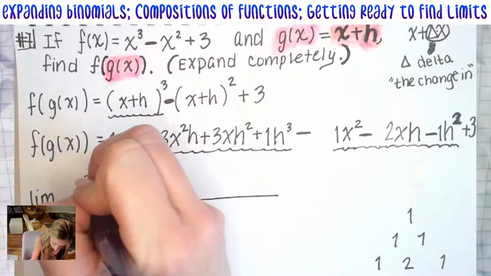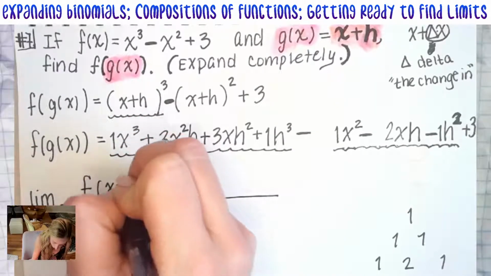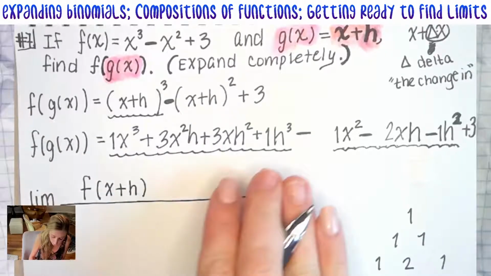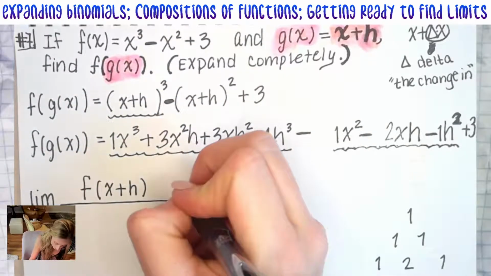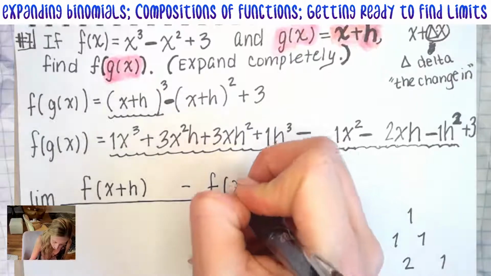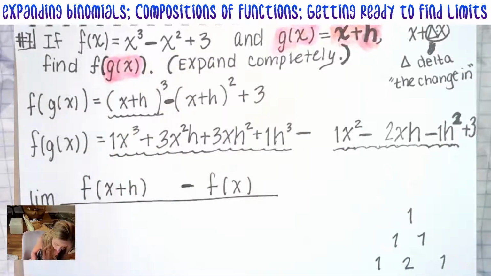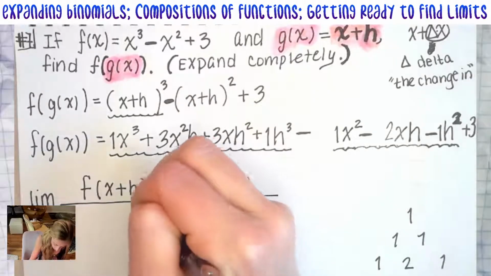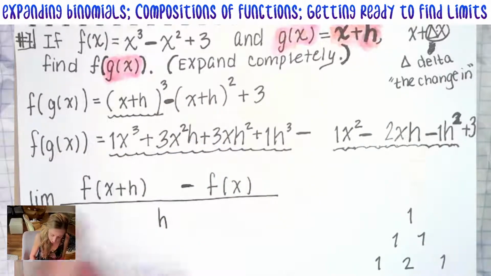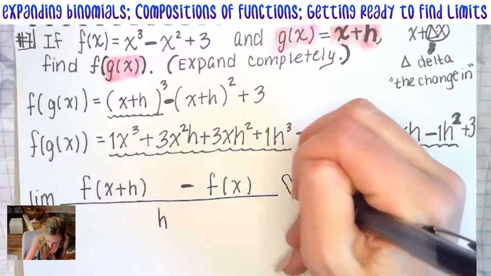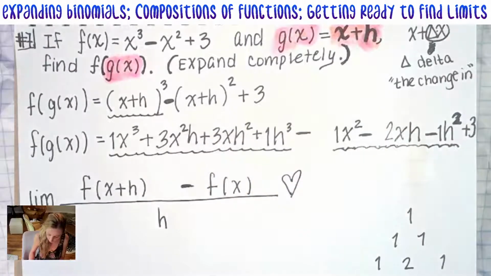Of f of x plus h, which is literally what we just found, minus the regular f of x. And again, you have that minus in front of the original f of x, all over h. And this is going to run your life if you take pre-calculus or calculus. You got to know how to deal with that.